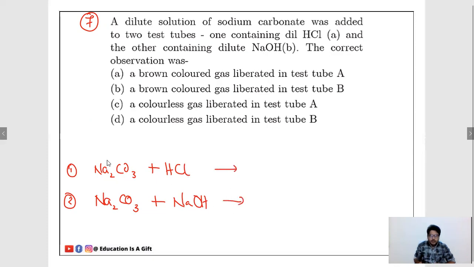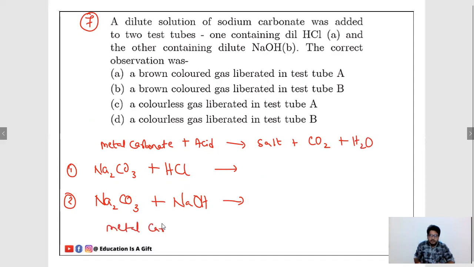In the chapter on acids and bases, we have learned that when a metal carbonate is added to an acid, a reaction takes place and it will form salt plus carbon dioxide gas plus water, a chemical property of an acid. But metal carbonate plus base gives rise to no reaction.